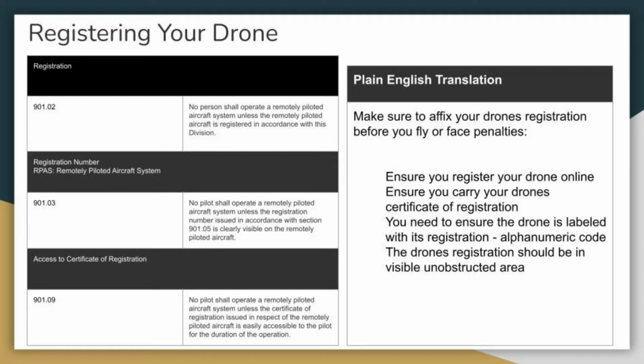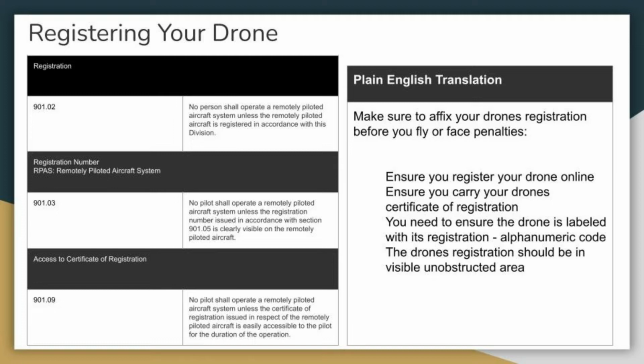Again, we'll have the Transport Canada legal definition on the left, as well as the plain English translation on the right, so you have a better understanding of what Transport Canada is trying to advise you in legal jargon, and we'll provide that to you in a clear and succinct plain English format so you understand it.